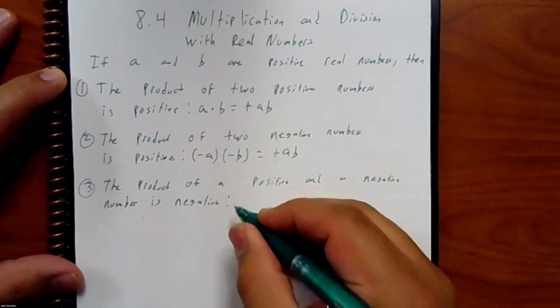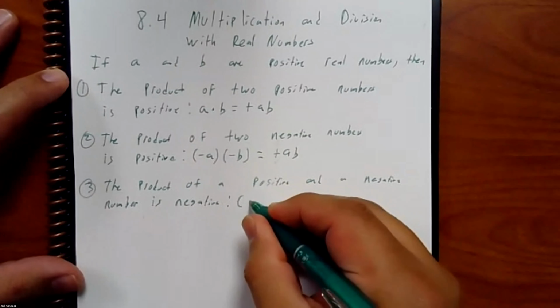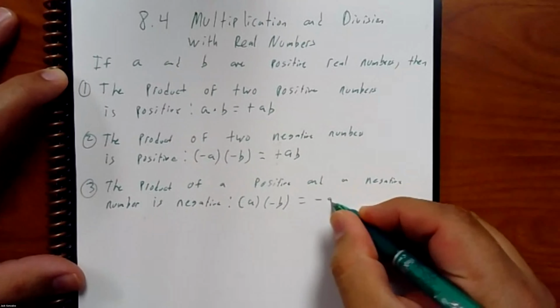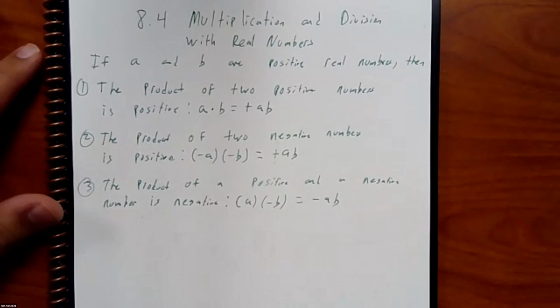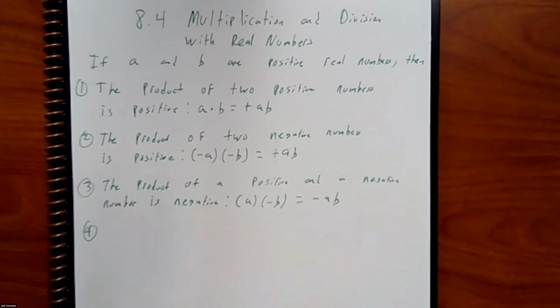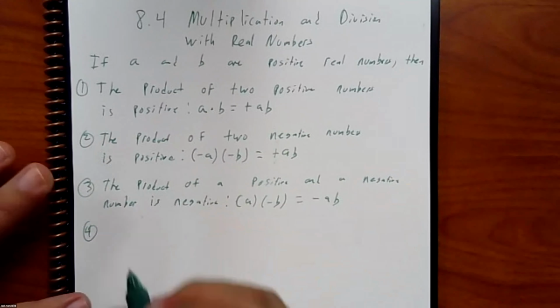So basically, if it's A times negative B, you will get negative AB. Number 4 is just the opposite, but we'll write it anyway.